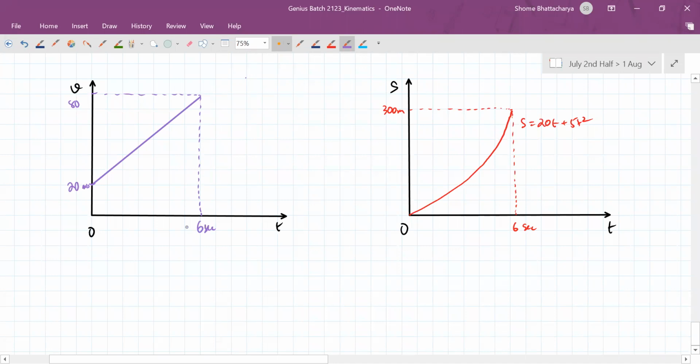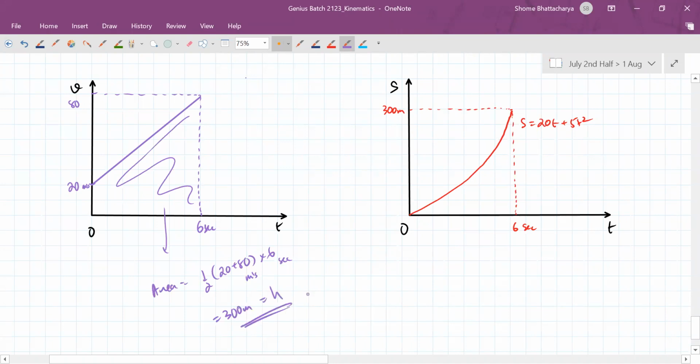So another interesting thing you'll see here is that if you calculate this total area, you should get 300 meters. See this area? It is half sum of parallel sides into distance between them. It checks out that you're getting 300 meters. That is the total distance displacement it's traveling.